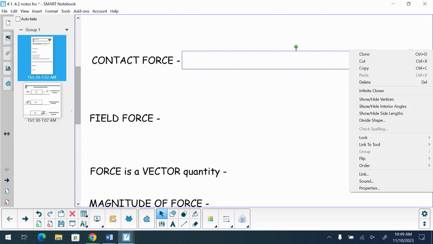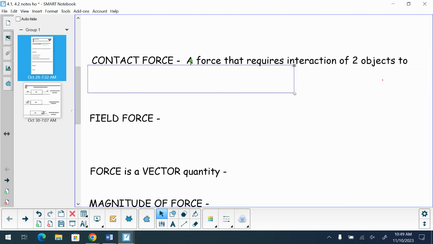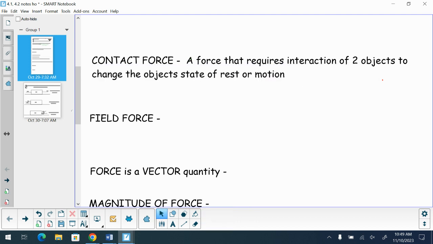Contact force. When we talk about a contact force, a force that requires interaction of two objects to change the object's state of rest or motion. You have an interaction between the two objects.